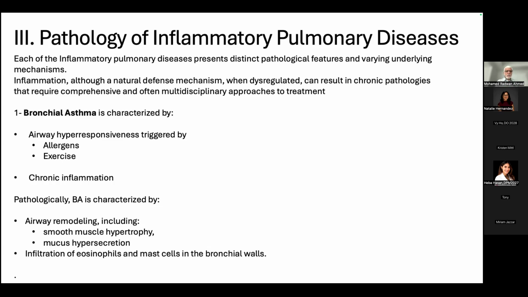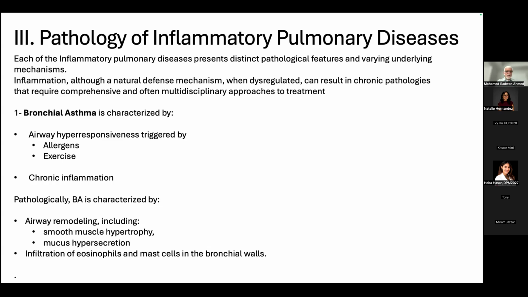So it's hyperresponsiveness to allergens, which are normal things present around us. Sometimes people get allergy to cold air. Just exercise or cold air can bring up an asthmatic reaction, hyperresponsiveness.